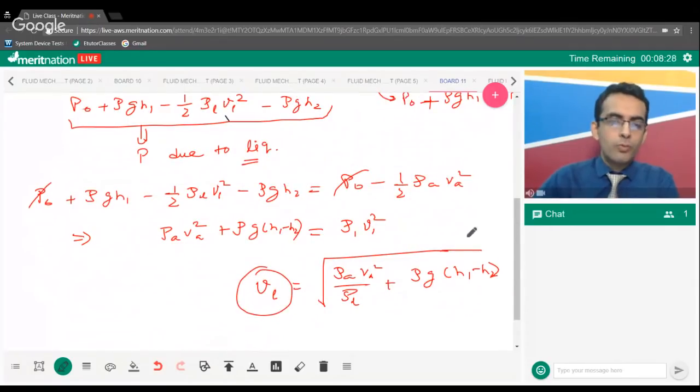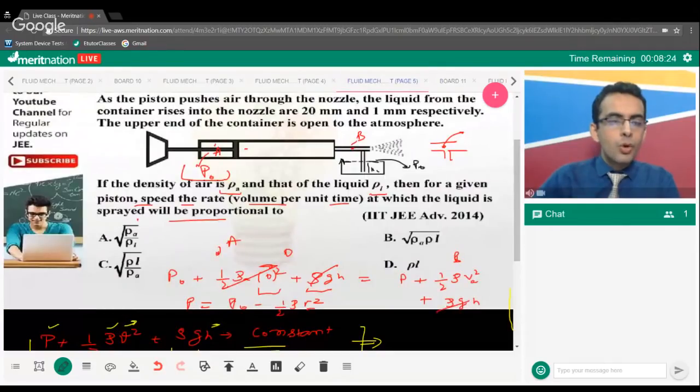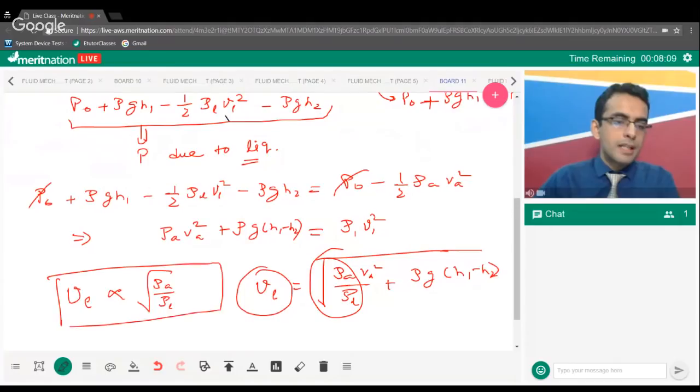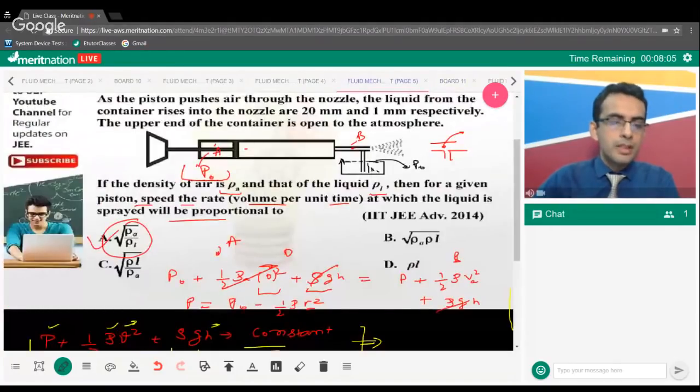You can see rho A by rho L under the root is coming in this expression, right? So VL is proportional to the square root of rho A by rho L. That was the correct answer. So that's why the correct option is A.